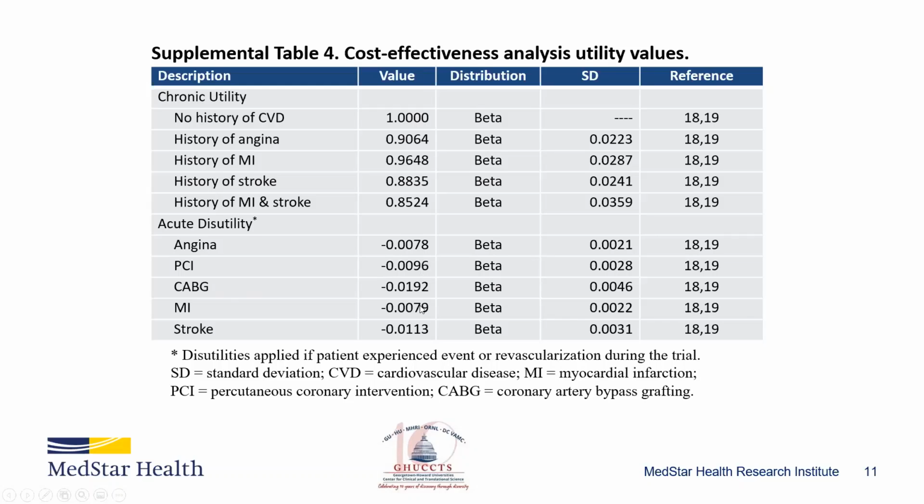And the utility values, we're going to assume that they're distributed as a beta distribution between 0 and 1. And again, as I mentioned, we would indicate where we got this information from that we're using in our study.